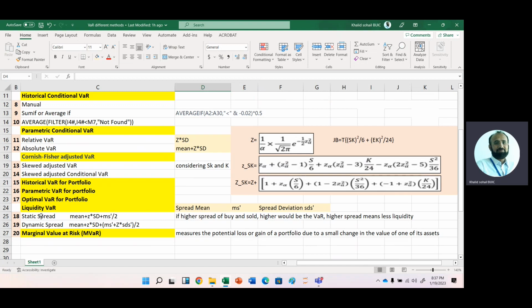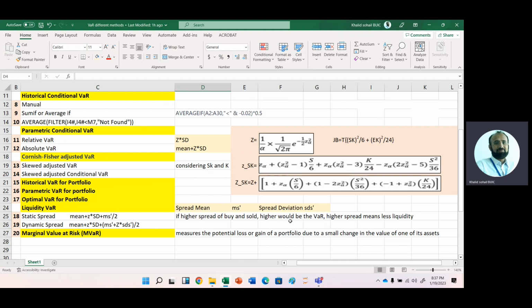Then we have liquidity value at risk. In liquidity value at risk, we take the concept of spread into account. Because if we have a higher spread between buying and selling of an asset, then definitely we have a higher value at risk.